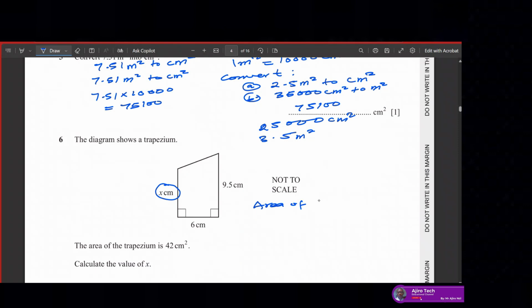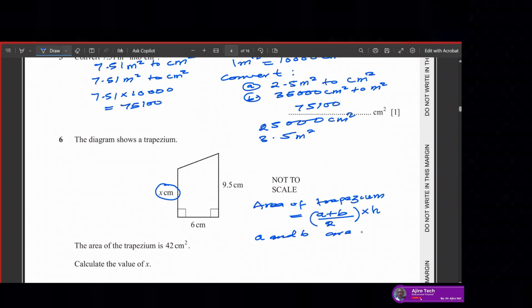The area of a trapezium is calculated by (A plus B) over 2 times height. Please write down that formula. A and B are the parallel sides.